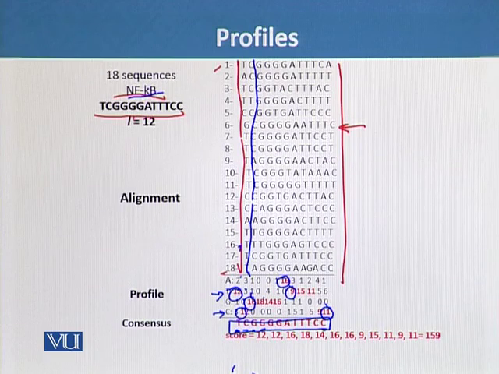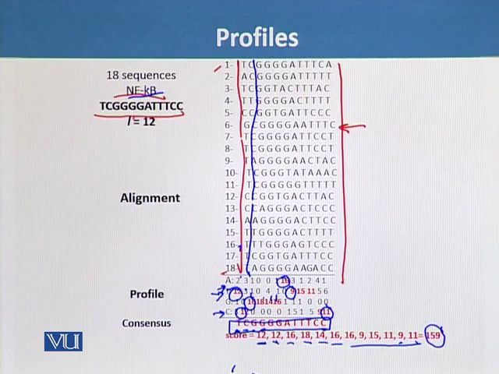Similarly, we can also calculate the score of this matrix. Here in the first column it is 12, and we have written 12. The second is also 12, the third is 16, then 18, then 14, again 16, and so on. Then we add all these numbers and it comes out to be 159.